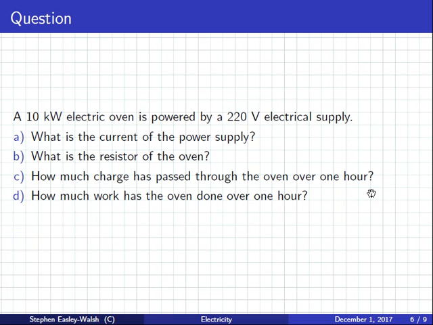Power equals IV. So if P equals IV, then I equals... Okay, so calculate the I, please.